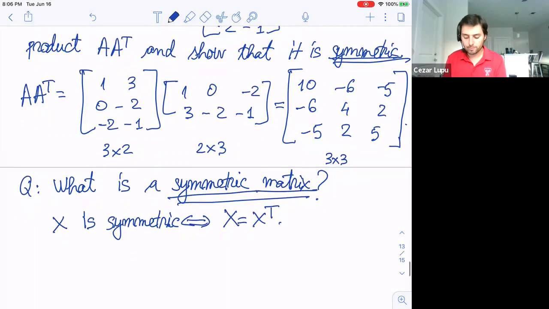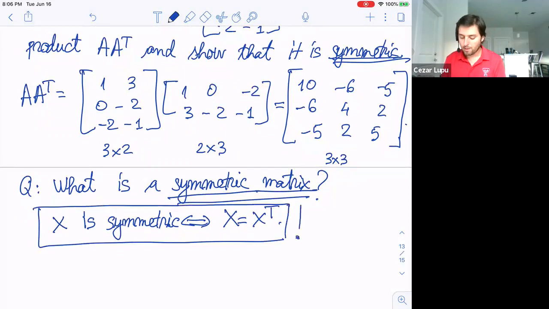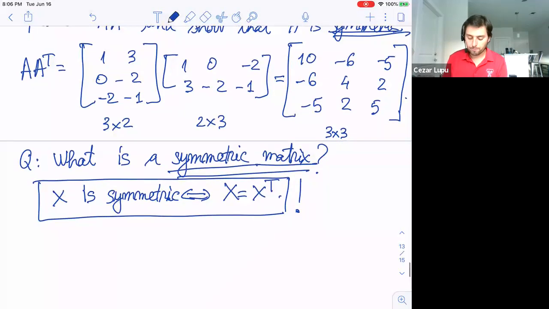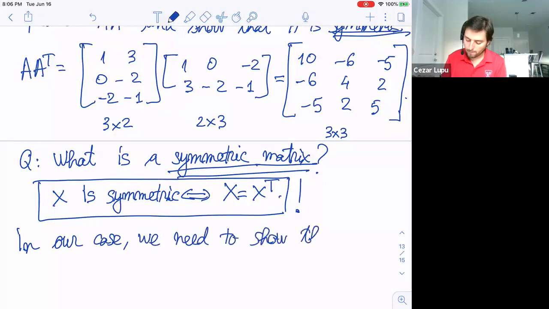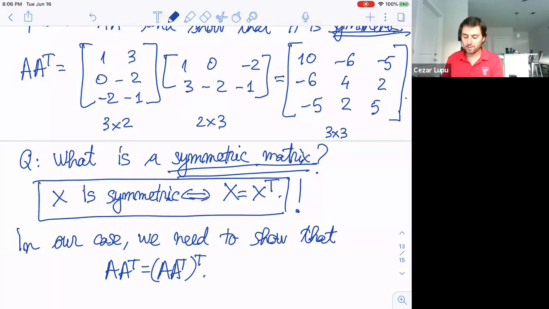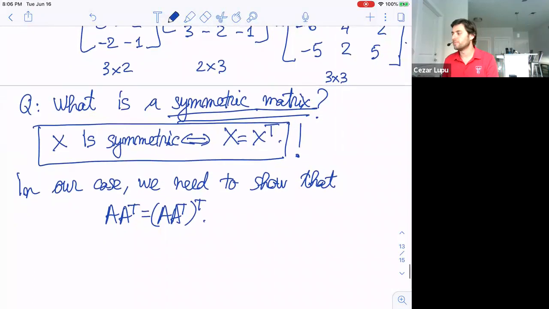So in our case, we need to show that AA transpose is the same as (AA transpose) transposed, right?